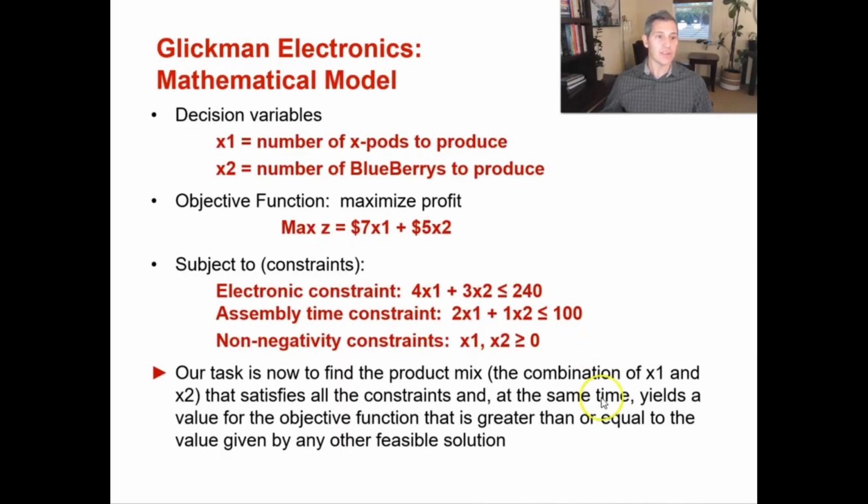Okay, so here is everything that we just went over. Our decision variables are x1, that's our number of XPods to produce, and x2, our number of blueberries to produce. Our objective function is to maximize profit.